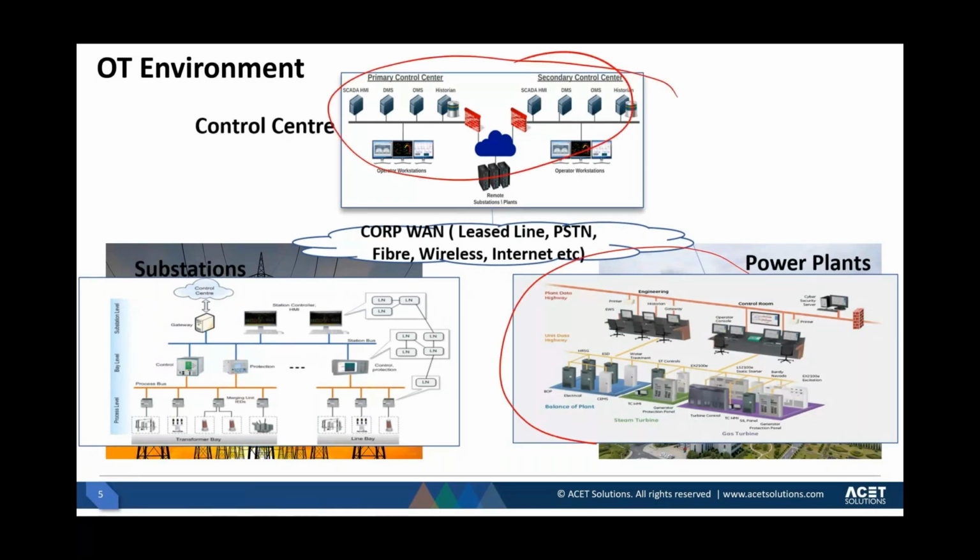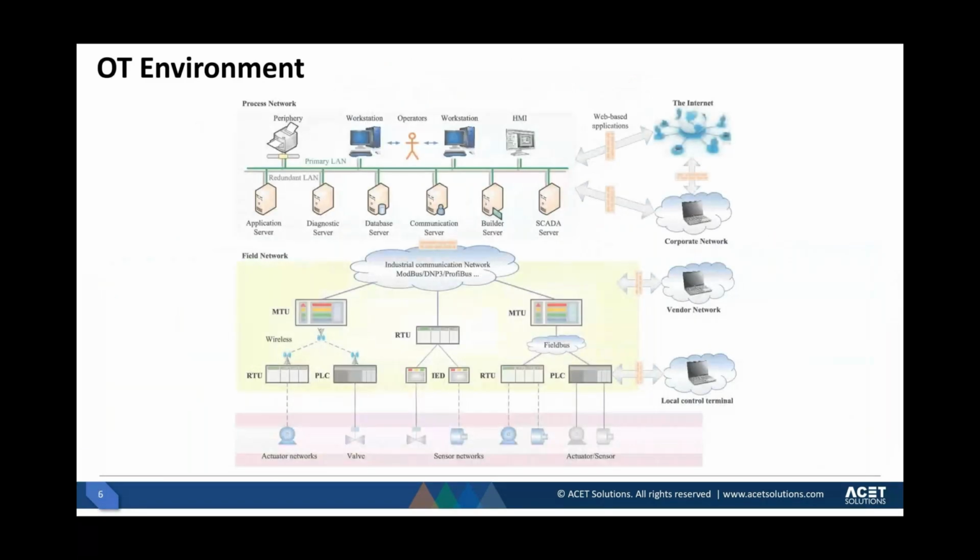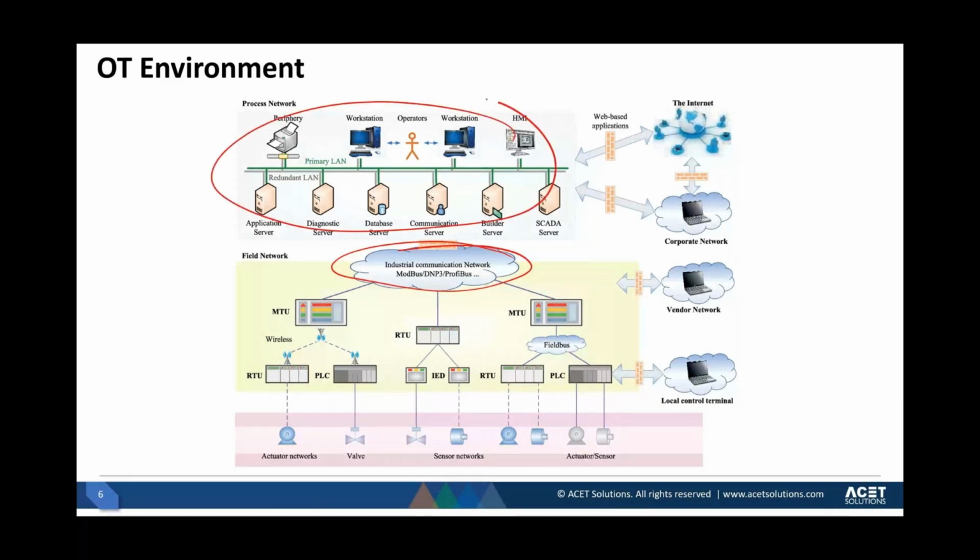So when we talk about OT, all of these different types of installations are considered as OT environment. Similarly, if it's a SCADA environment where there are PLCs and RTUs and all connected over LAN, WAN environment to a central location where the operators are monitoring or controlling the assets. So this is typically what OT environment is.